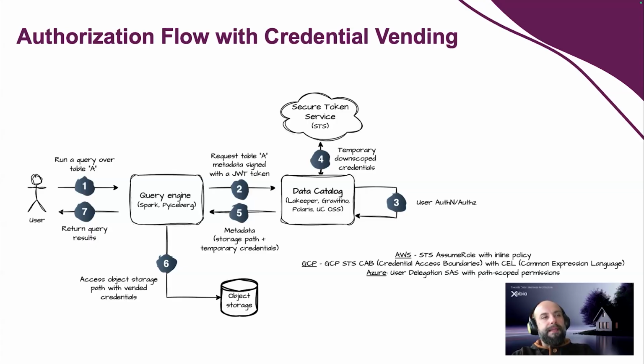It contacts the token service for generating a time-limited and scoped token that allows you to access the data. You can see on this diagram what this flow pretty much looks like.